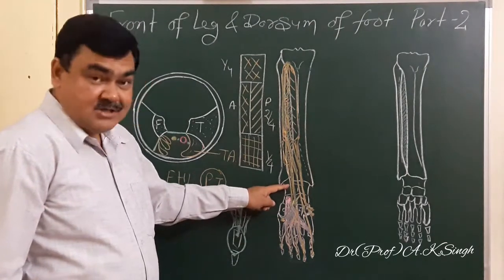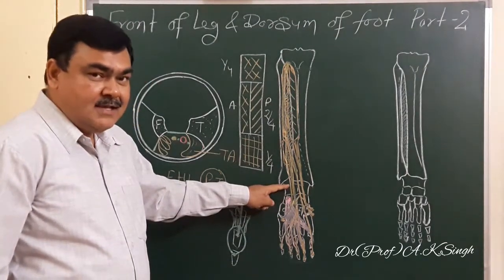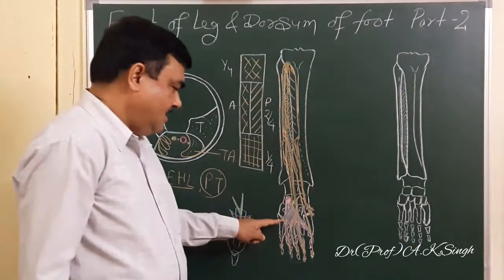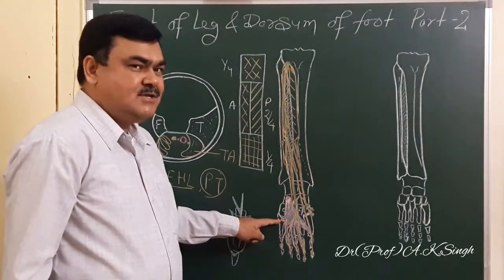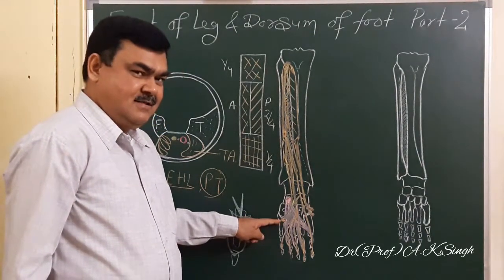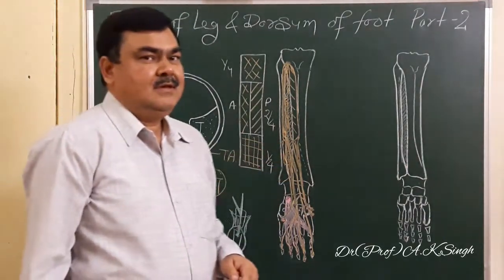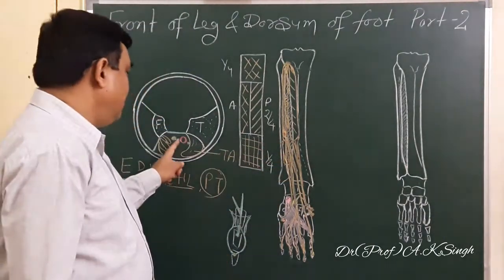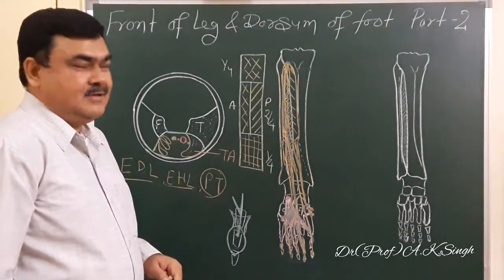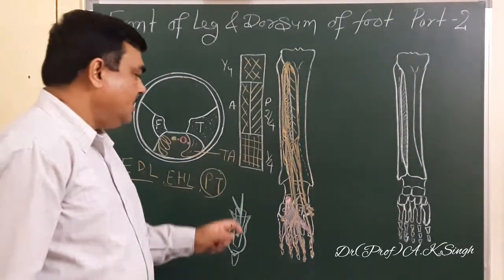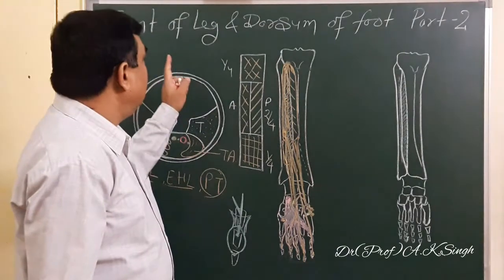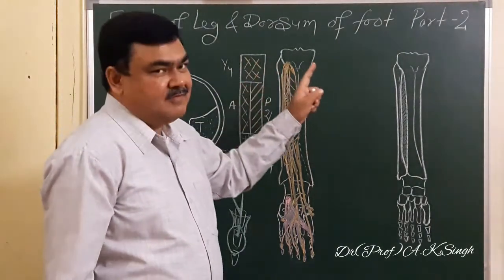Its action is dorsiflexion and eversion. Is present in lateral side. So action is eversion. So nerve supply of all these comes from deep peroneal nerve. So this is all about the muscle of the front of leg and dorsum of the foot.